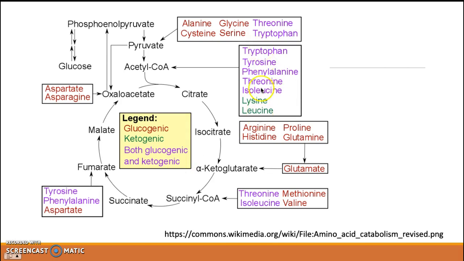This list here can go directly to acetyl-CoA and then go into the citric acid cycle. These four are all converted to glutamate, which then enter the citric acid cycle down here, and so on. So they can be used in several different places in the citric acid cycle, which then provide the hydrogen ions for the electron transport system, which then makes our ATP.